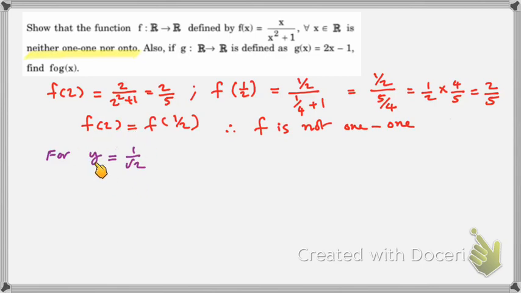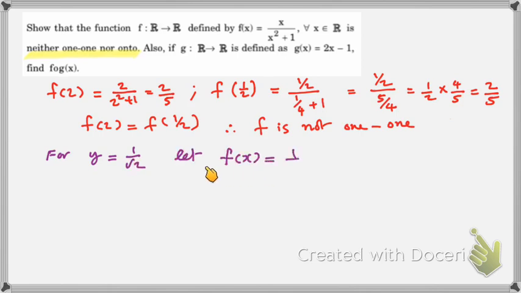So what we do for this is, I'm trying to figure out a counterexample for this as well. So I'm going to choose a value y is equal to 1 by root 2, which means I picked up a value from my codomain. And my aim is to show that there is no x in the domain which will make this 1 by root 2 as my f of x.